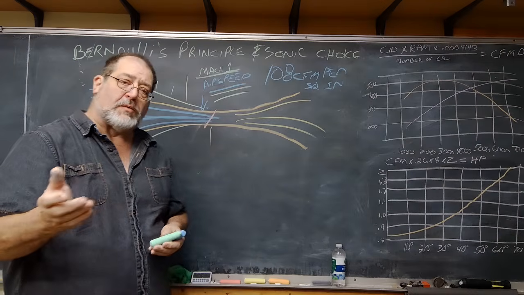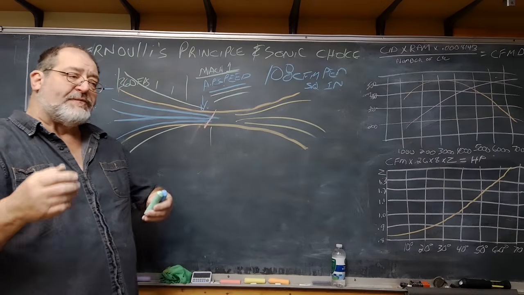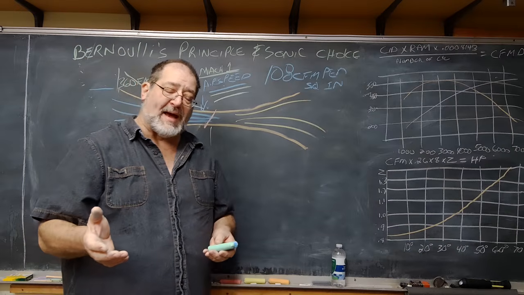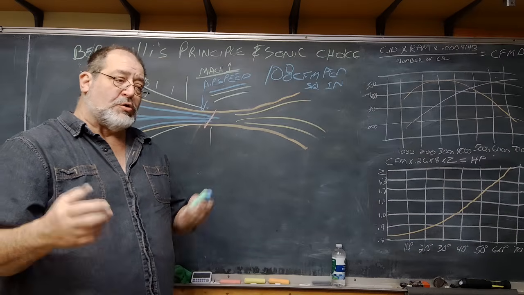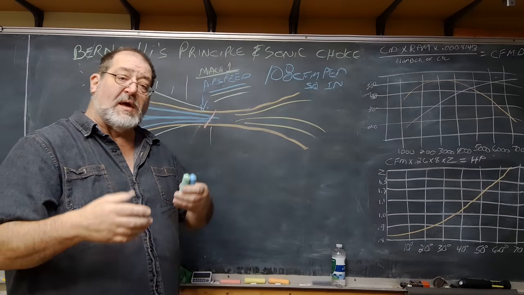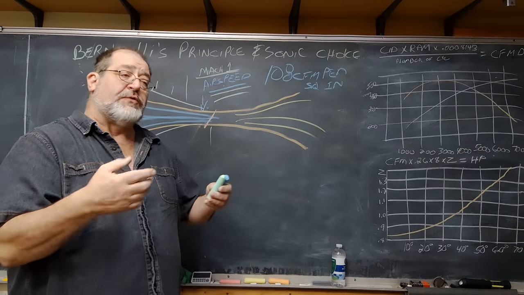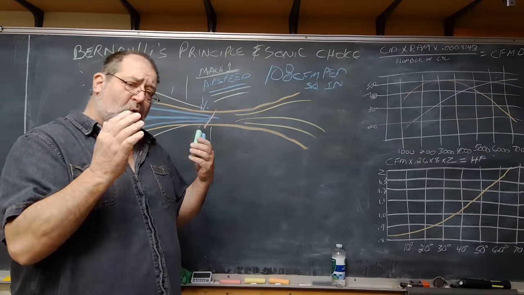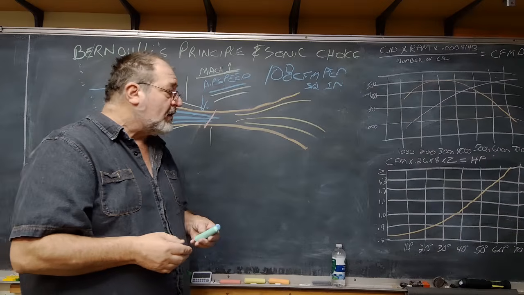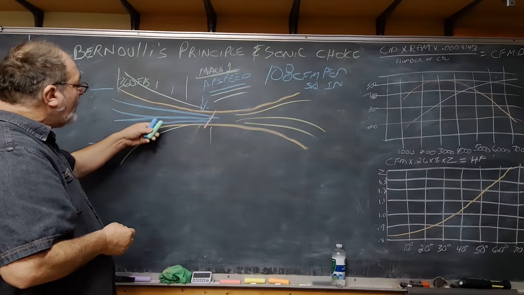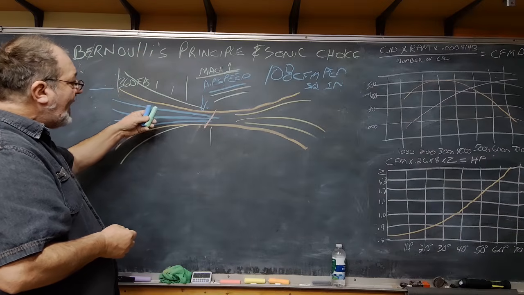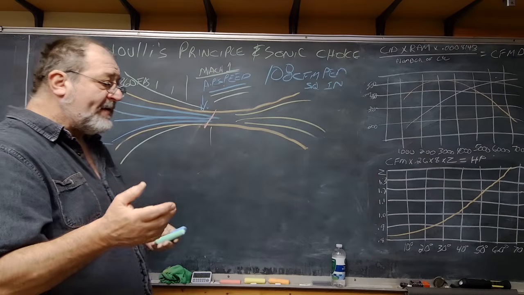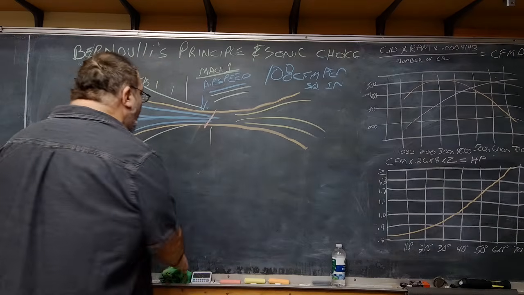Now this can help you because if you're doing something that's more high RPM, then you need to shorten the runner length. And then we have the formula so you can kind of have an idea of what length you're actually looking at. But that will help tune it.